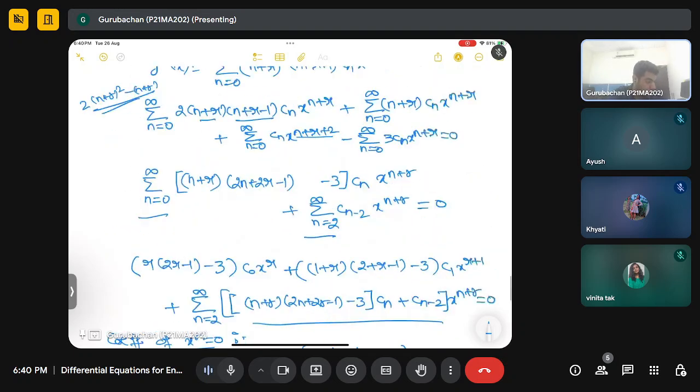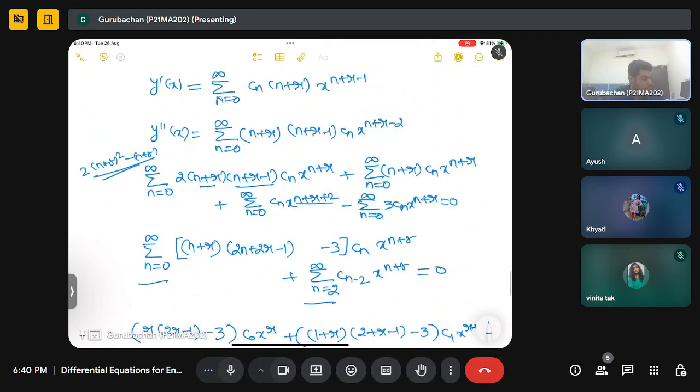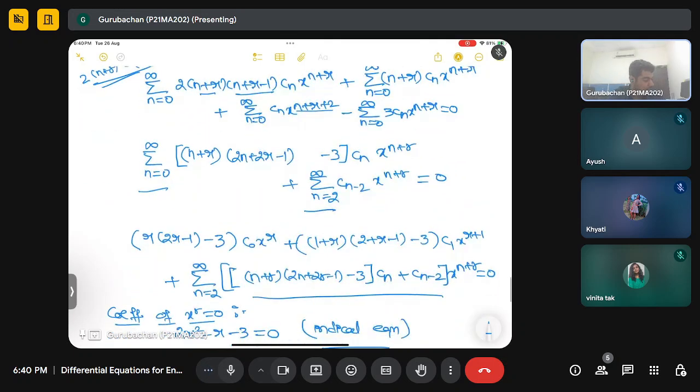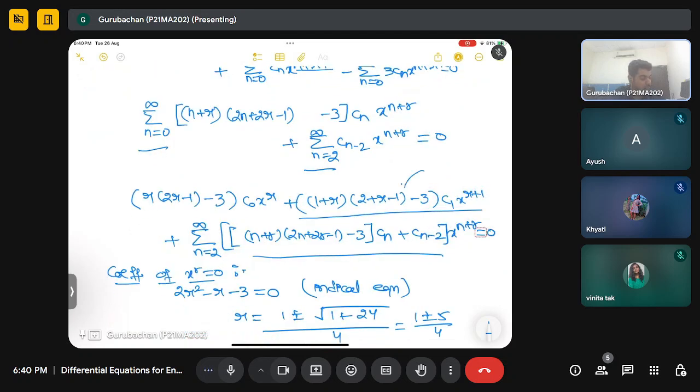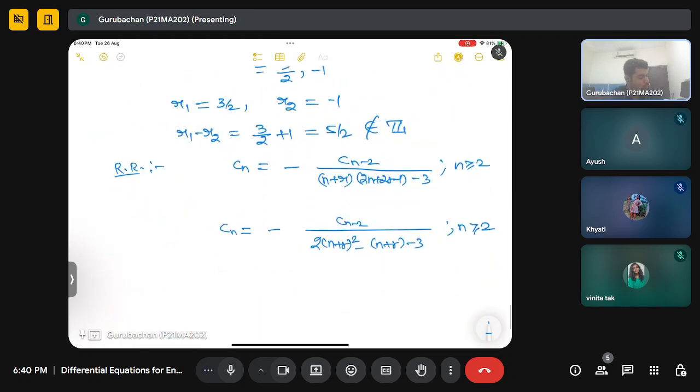And there is one more term involving that first term, that is this one. Anyway, this is a constant, and it will imply c1 to be 0. So here the coefficient of x to the power r plus 1 equal to 0.